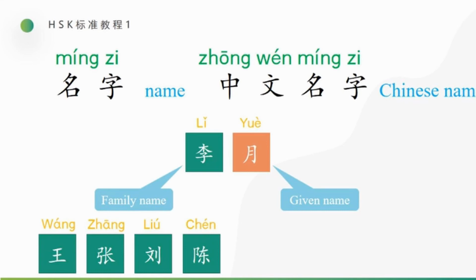In China, there are more people with father's family names. The given name is generally one or two Chinese characters, but now names of three Chinese characters have become popular. The name contains the parents' expectation of their children. Here is some knowledge about Chinese names.